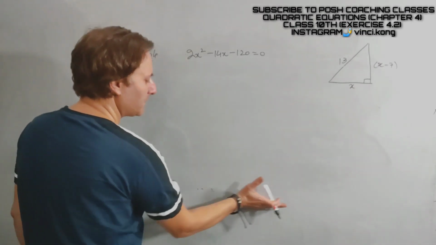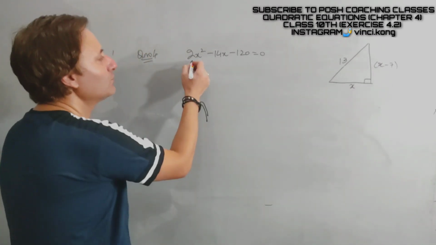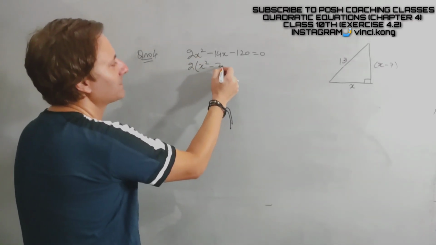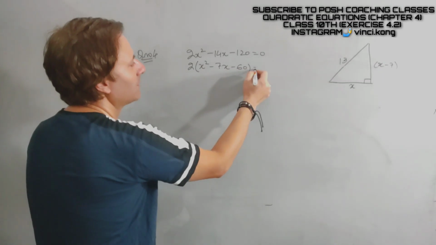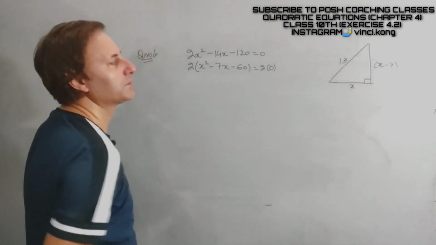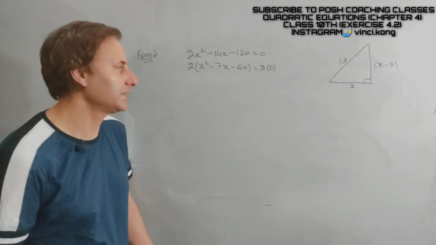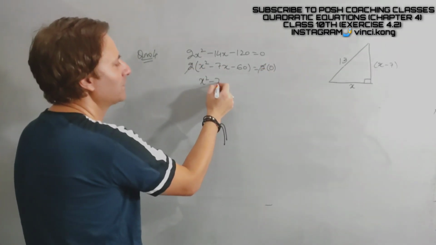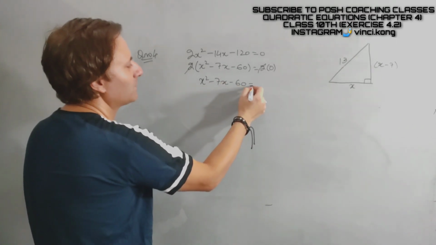Here it's pretty clear that there is a 2 which can be taken as common. So it's x squared minus 7x minus 60 equals 2 multiplied by 0, because 2 multiplied by 0 is again 0. Now I have x squared minus 7x minus 60 equals 0.